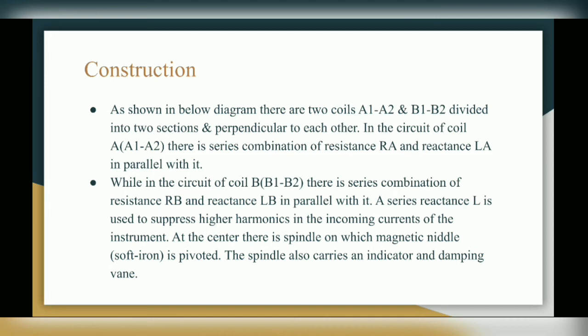While in the circuit of coil B, B1, B2, there is a series combination of resistance RB and reactance LB in parallel with it. A series reactance L is used to suppress higher harmonics in the incoming currents of the instrument. At the center, there is a spindle on which a magnetic needle is pivoted. The spindle also carries an indicator and damping.